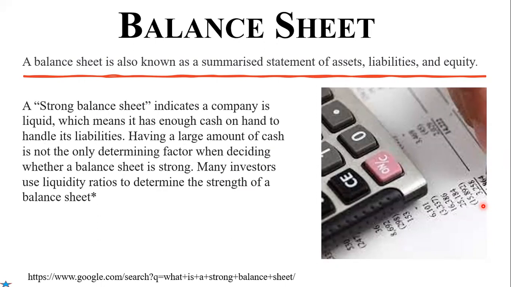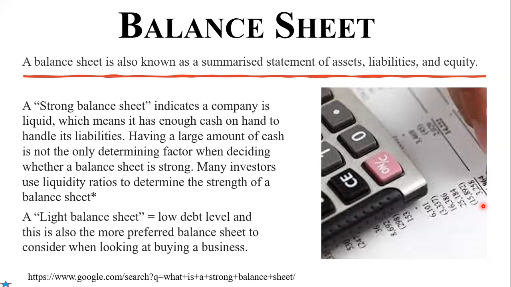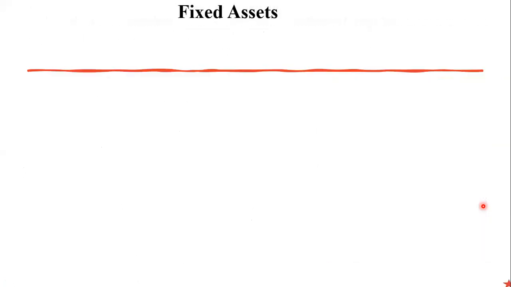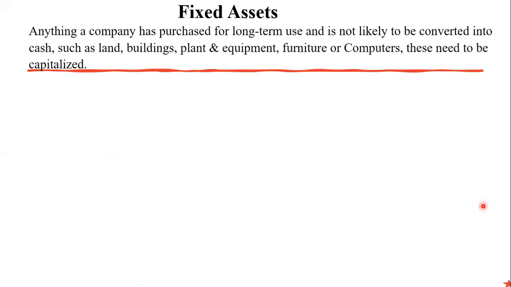Many investors use the liquidity ratios to determine the strength of the balance sheet, which is a good indicator of how the business is doing. Another term is light balance sheet. This equals a low debt value and is more likely to attract investors.